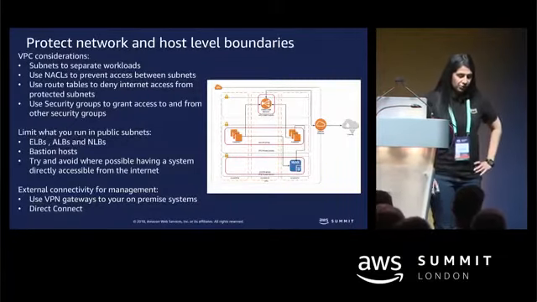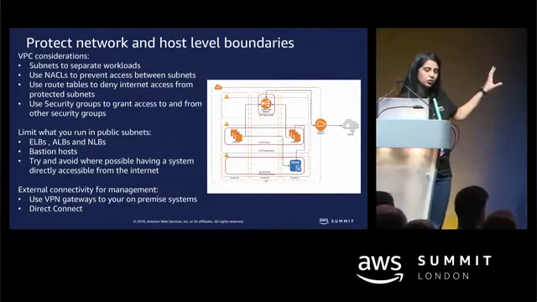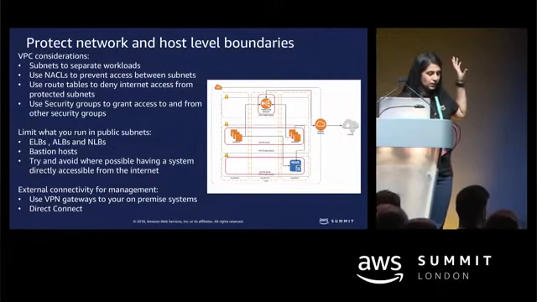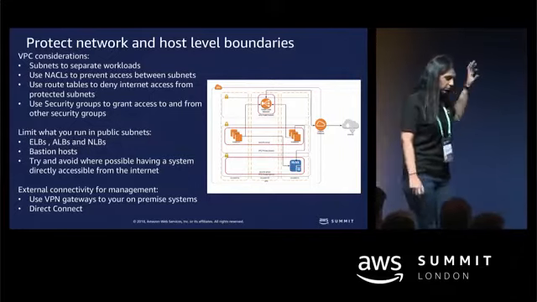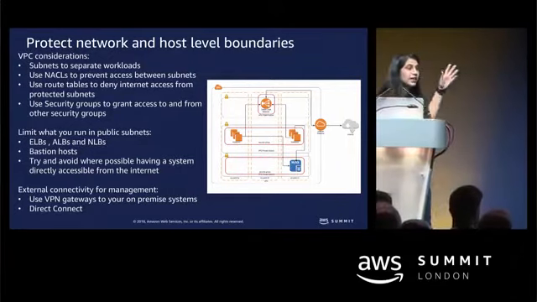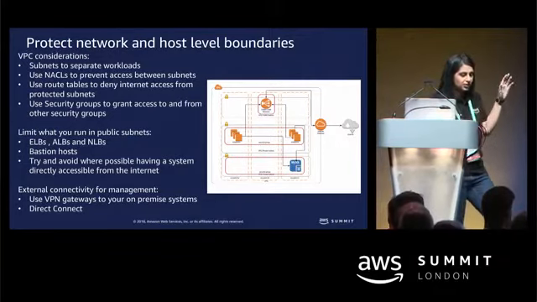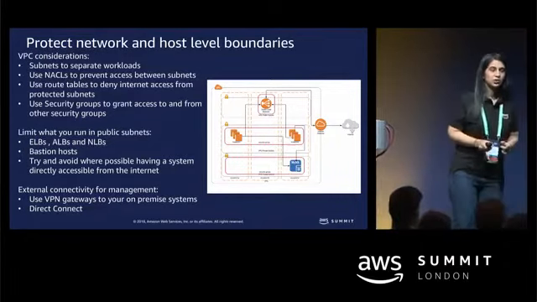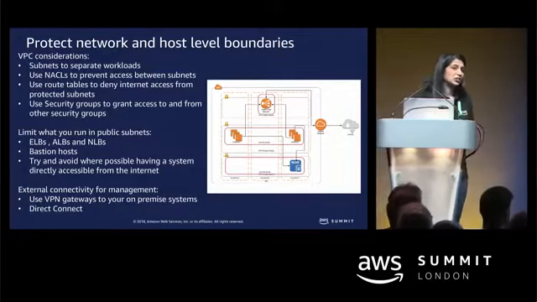So, protecting your network and host level boundaries, think about securing external connections. You're probably looking at VPN connections, or maybe Direct Connect for low latency, high throughput. You could have ELBs, elastic load balancers, application load balancers, or network load balancers. If you're using a bastion host, which is not recommended for production environments, then make sure that you're at least using SSH to connect.